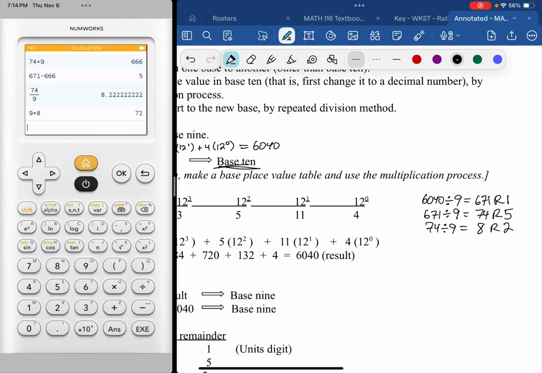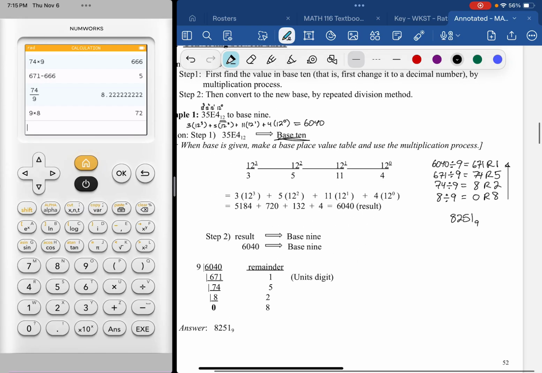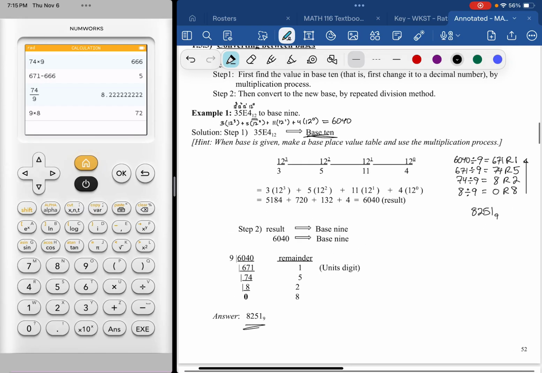That's a remainder of 2. And then 8 divided by 9, 0 times with a remainder of 8. So again, we read it from bottom to top. So in base 9, we're looking at 8, 2, 5, 1.